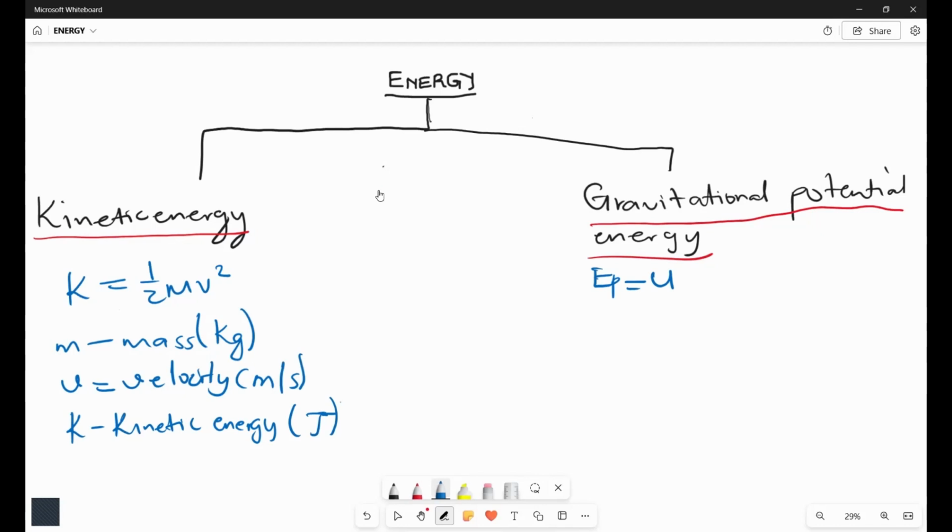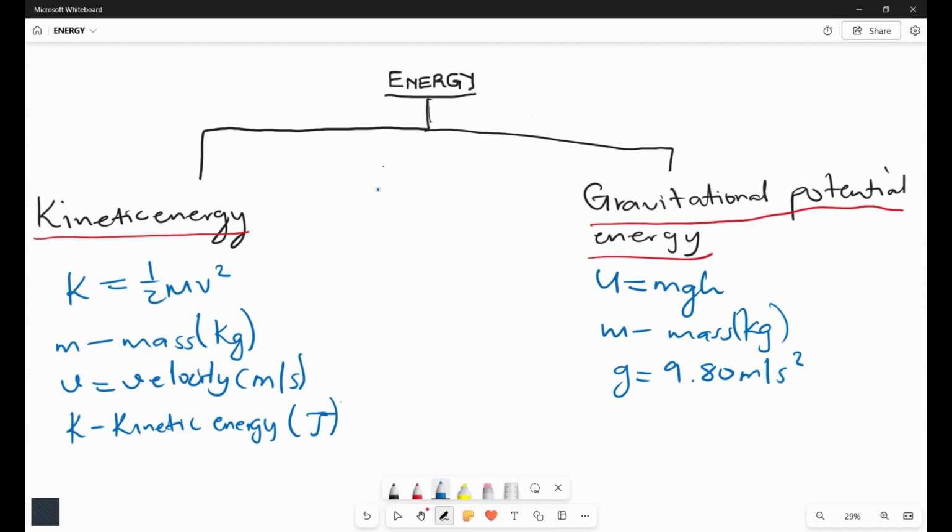Then when we come to potential energy, we know that it is given as EP or just U. But for the whole of energy problems, I'll be using U. It is equal to mgh, where mass is still the same mass in kilograms. g is our gravitational acceleration constant, on Earth specifically, meters per second squared.